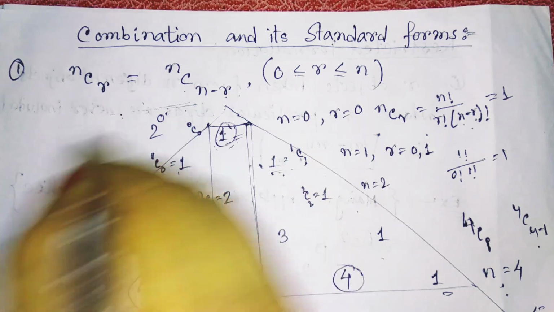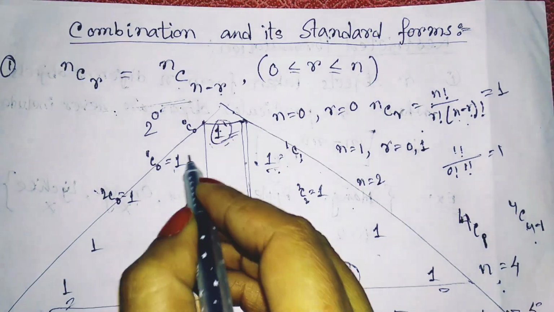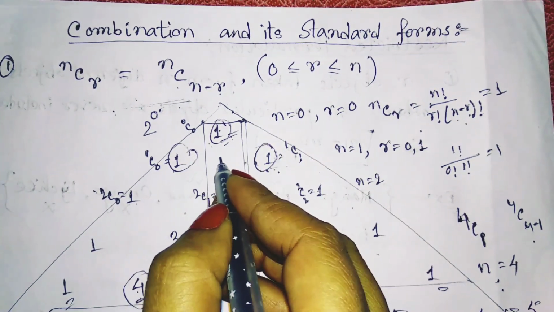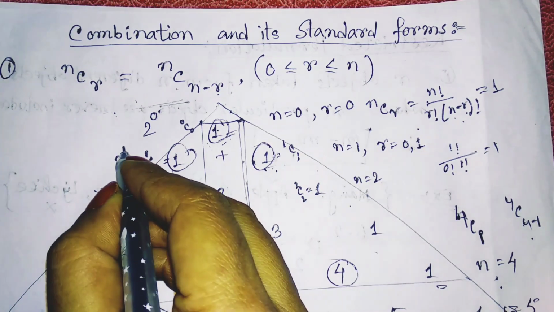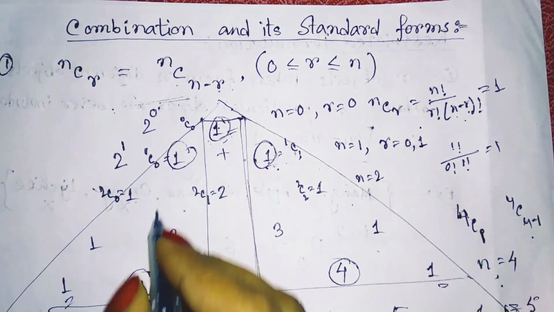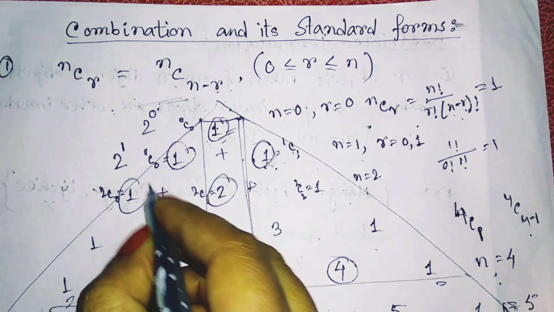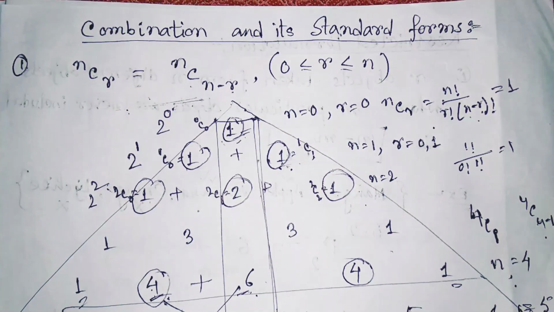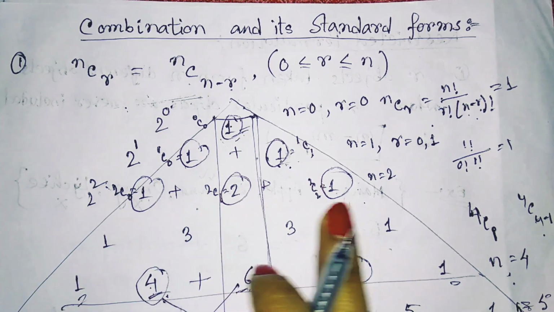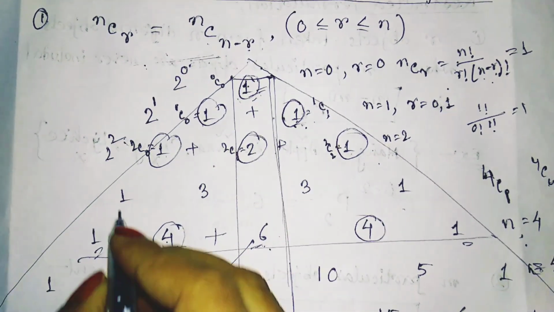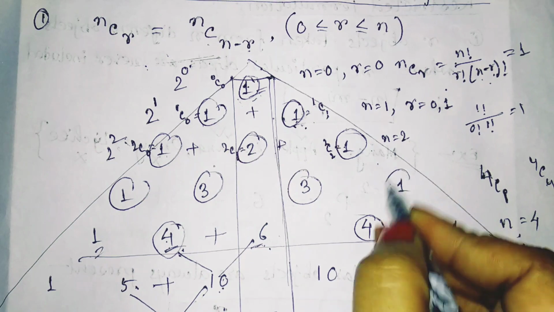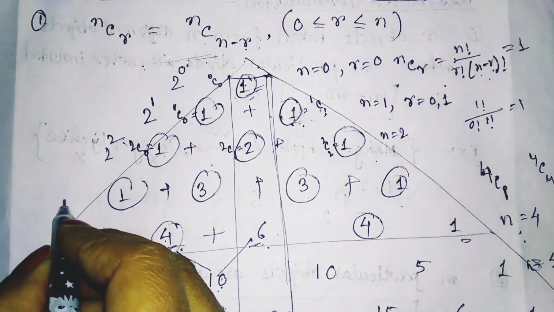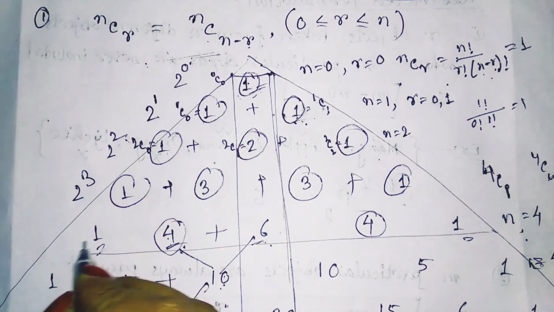Now one very important thing which I can disclose is that 1 we can write as 2 to the power 0. Then 1 plus 1, that is 2, we can write as 2 to the power 1. Next it is 1, 2 and 1, which we can write as 2 to the power 2. Look, 2 to the power 2 is 4, and 1 plus 2 plus 1 is 4. Next one is 1, 3, 3 and 1, and if we add all these, we find it is 2 to the power 3, that is 8.